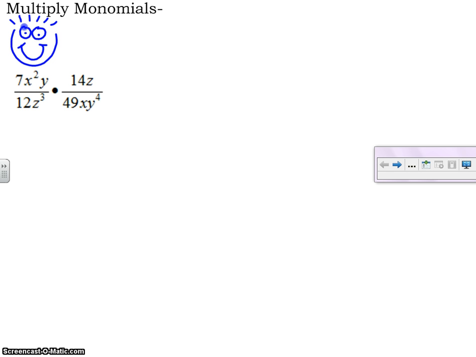Okay, to multiply monomials, we're going to multiply straight across and then reduce. When we multiply, we can actually cross reduce first if we would like to.